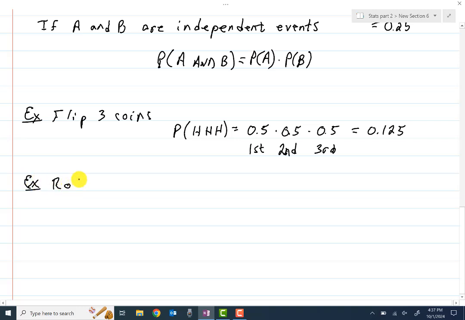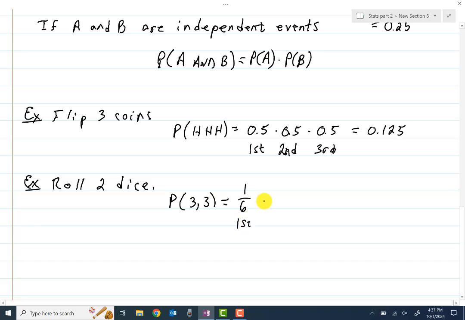Next, let's roll 2 dice. So what's the probability of the first die coming up a 3 and then the second die coming up 3? Well, on the first die, to get any one number, the probability is 1 out of 6.